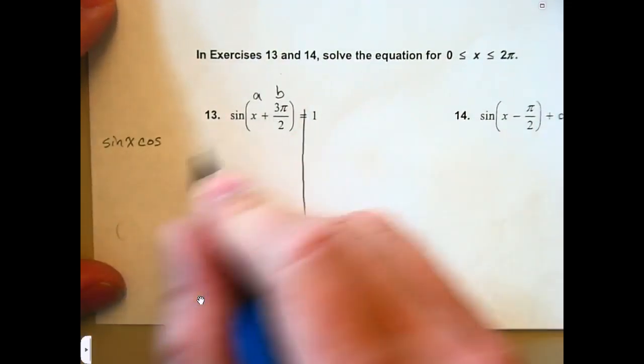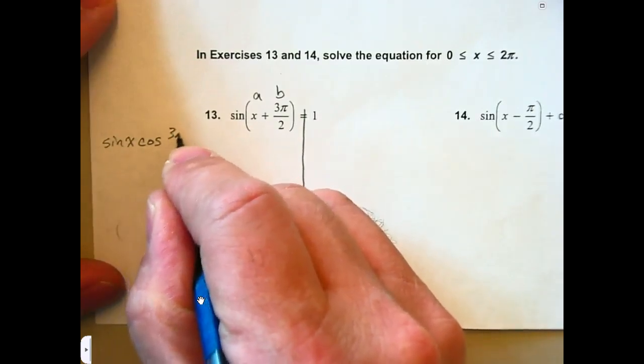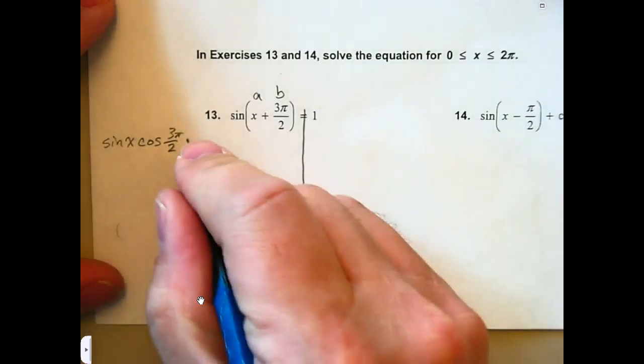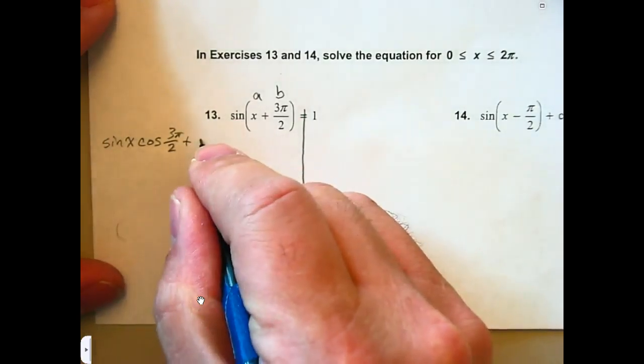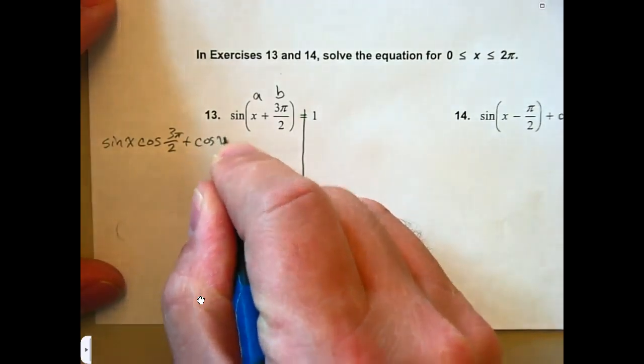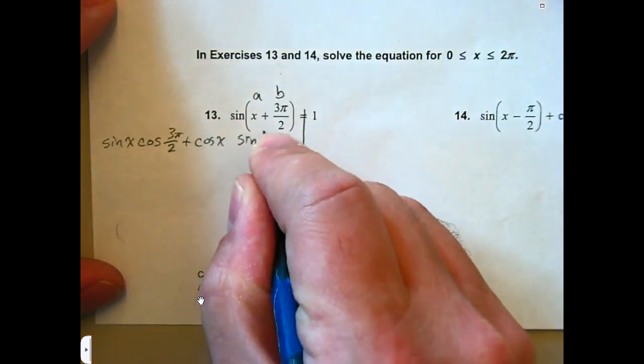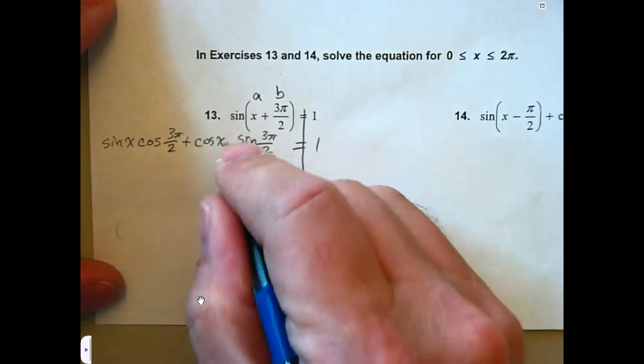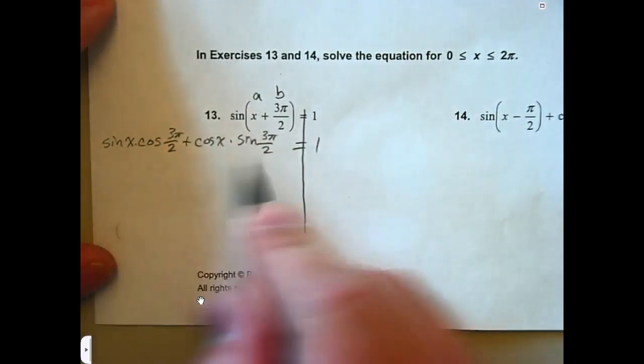Sine of x, cosine of 3 pi over 2 plus cosine of x, sine of 3 pi over 2 equals 1. So we have 4 pieces here, 2 terms.